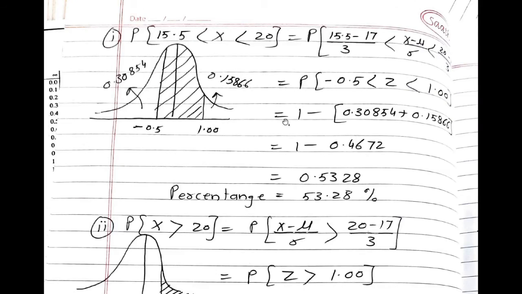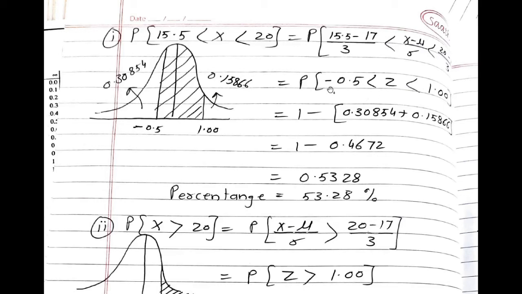In the first part we want to find probability 15.5 less than x less than 20, which can be considered as probability (15.5 minus 17) upon 3 less than (x minus mu) upon sigma less than (20 minus 17) upon 3. So which is equal to probability minus 0.5 less than z less than 1.00.